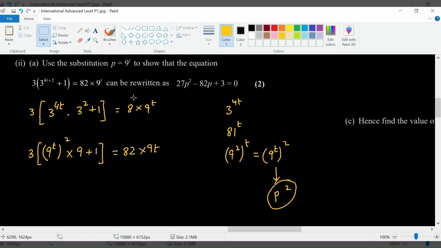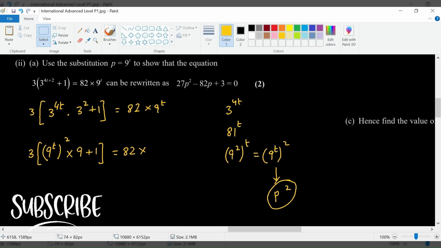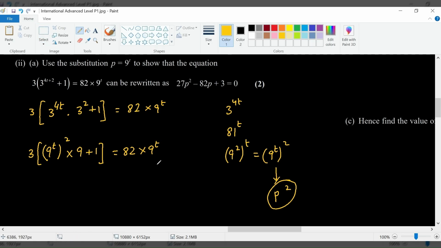There is a mistake here. I will just move this one here and write 82 times 9 to the power t. Now 9 to the power t, it is actually 9 to the power of t.